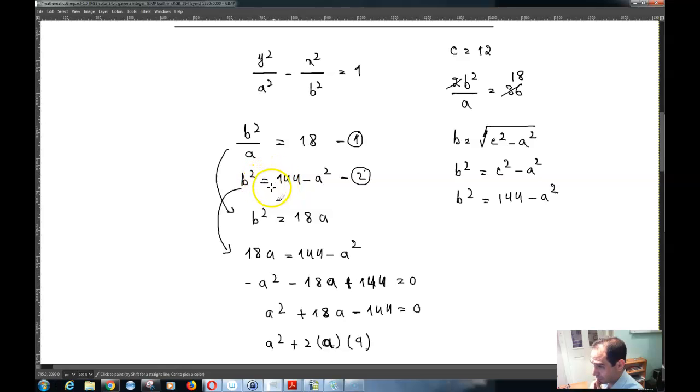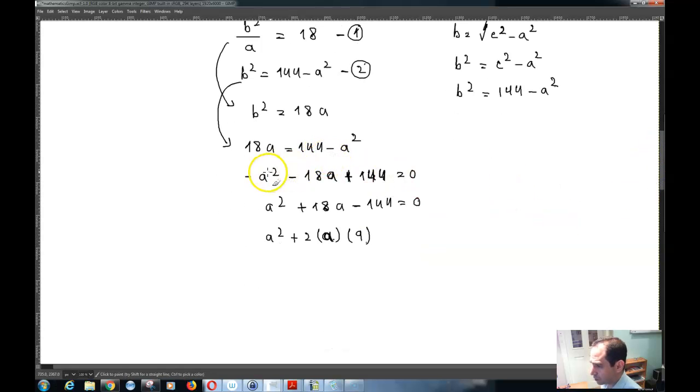Now that means that over here I have b squared is equal to 18a. So b squared is equal to 144 minus a squared. 18a is equal to 144 minus a squared.